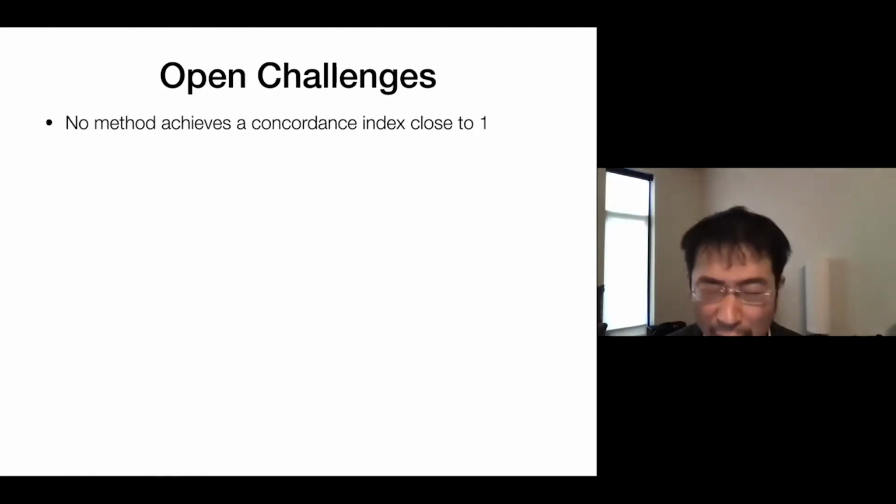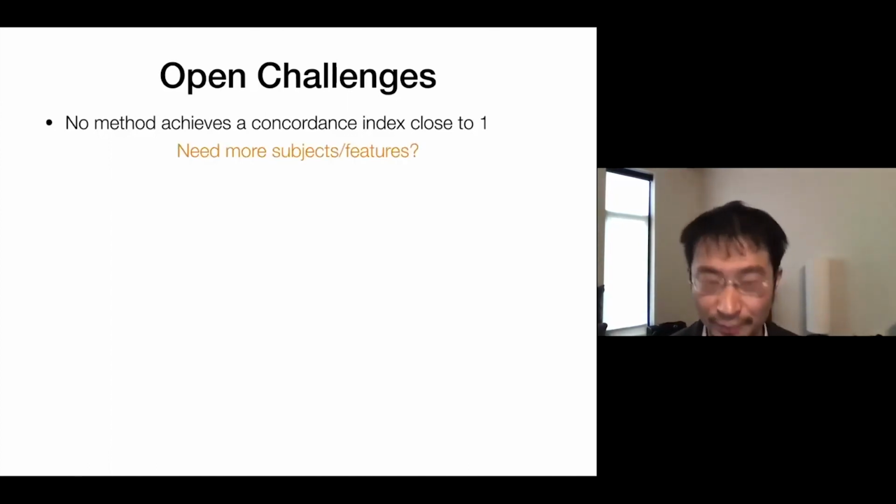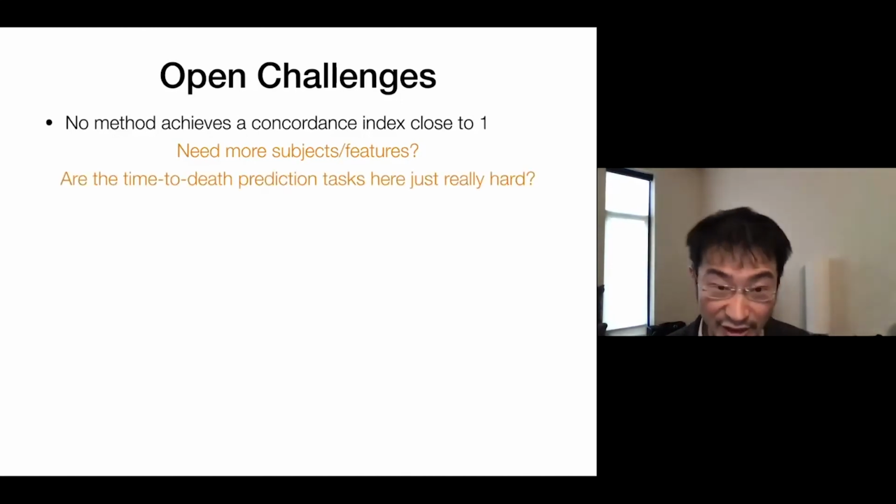And I'm not sure how close we can get to 1. It could be that we just need more subjects and more features, but it could also mean that predicting time until death for these different diseases could actually just be really hard. So I don't actually know how good we can make predictions, how close we can get to 1. So, not sure.